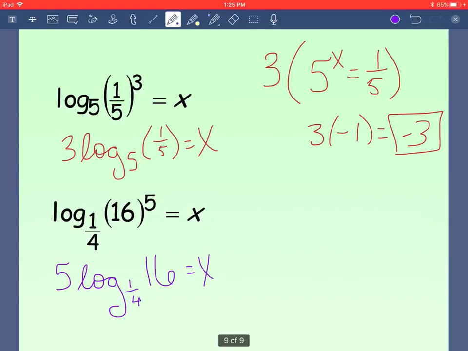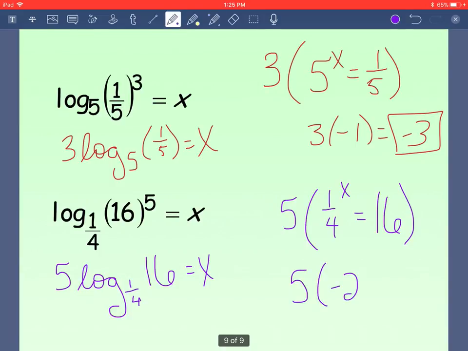And now I can solve it by doing 5 times 1/4 to the x power equals 16. So going from a fraction to a whole number, I know that my exponent needs to be negative. So 4 to the second power is 16. So 1/4 to the negative second power is going to be 16. So 5 times -2, which gives us -10.